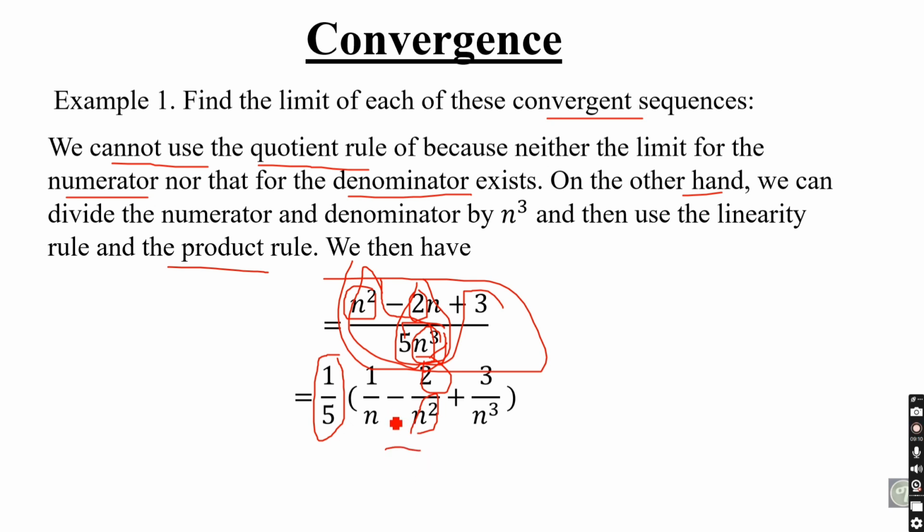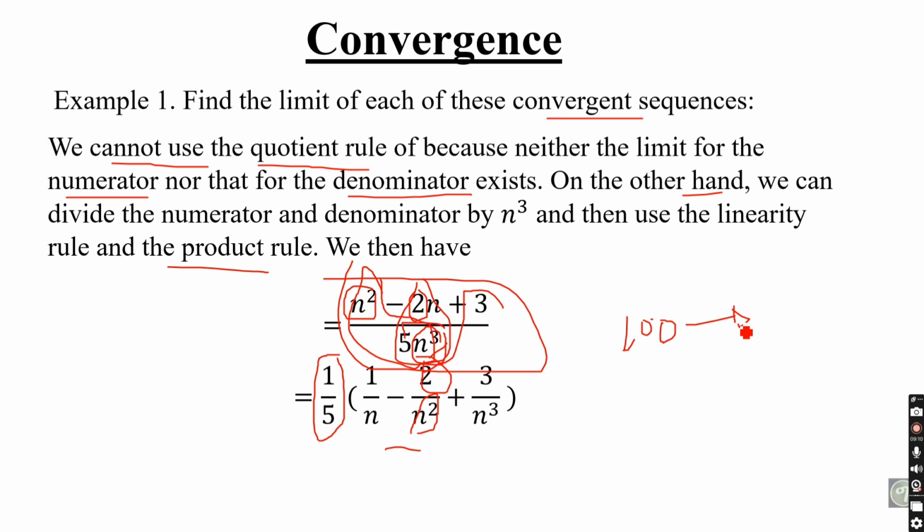Then, when n goes to infinity, our domain is all natural numbers, starting from 1 up to infinity.